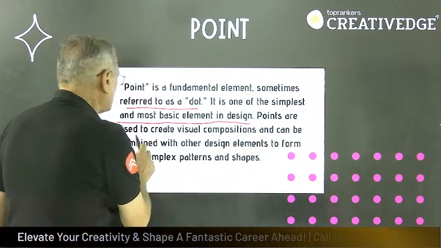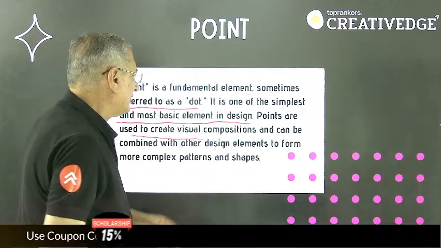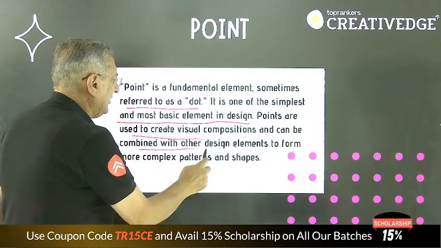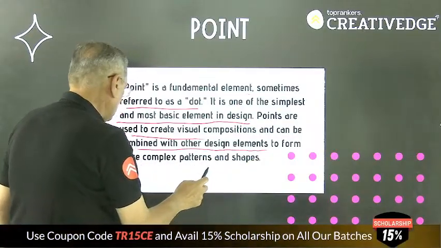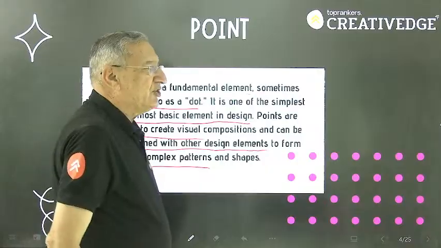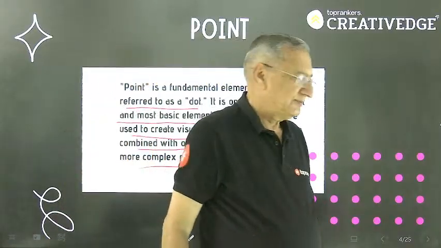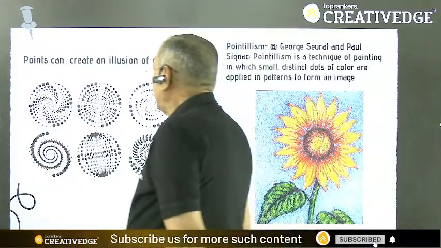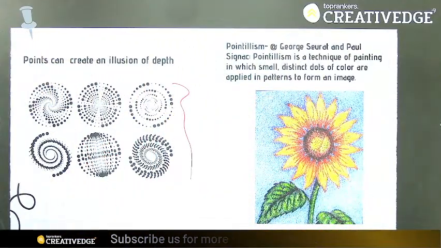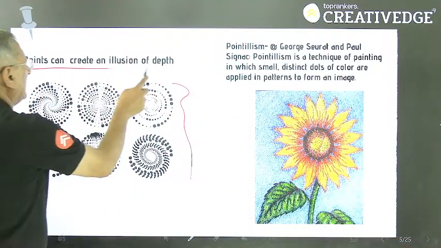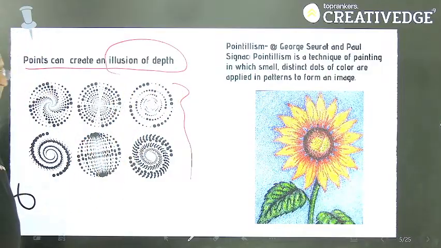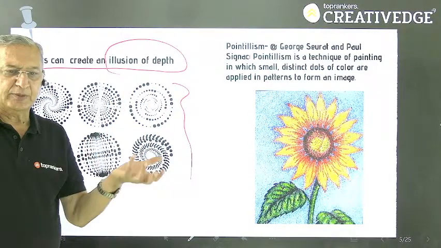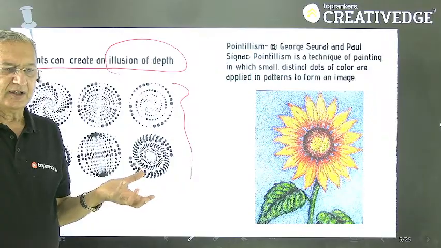Points are used to create visual composition and can be combined with other design elements to form more complex patterns and shapes. See the arrangement of points. Points can create even an illusion. भ्रम पैदा कर सकते हैं हम पॉइंट के साथ में.